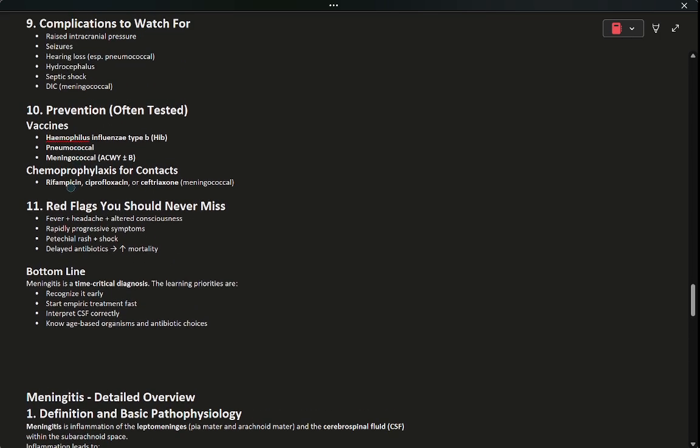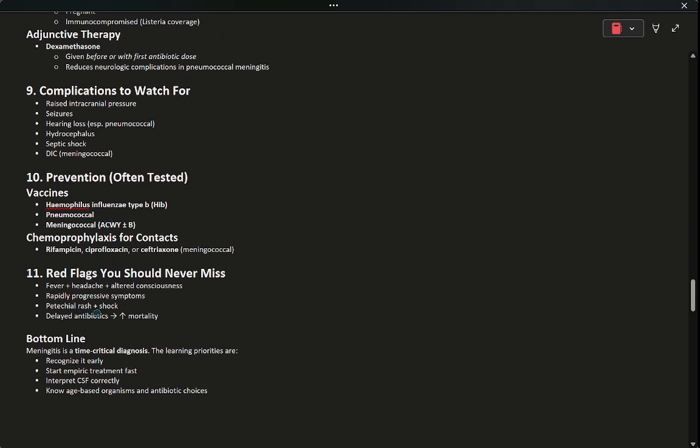And then there are some red flags you should never, ever miss. These include the triad of fever, headache, and altered consciousness. And then rapidly progressive symptoms, any sign of petechial rash, and shock symptoms.